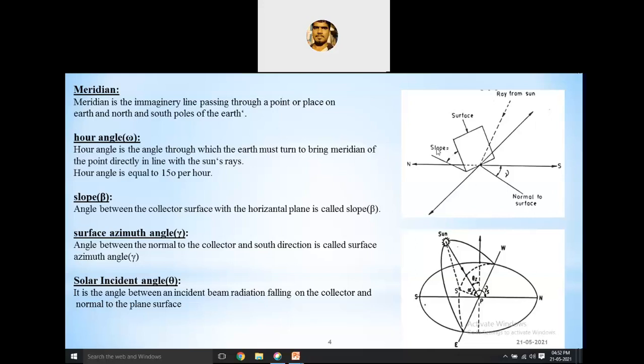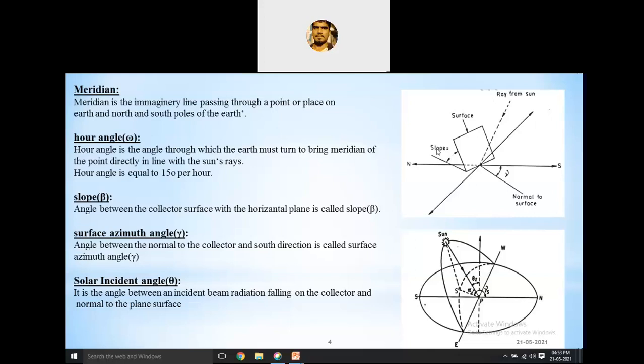Always we take the earth as a horizontal surface. It is taken to be positive for a surface sloping towards the south and negative for a surface sloping towards the north. If you take the slope angle towards the north, it is negative. If it is towards the south, it is positive.